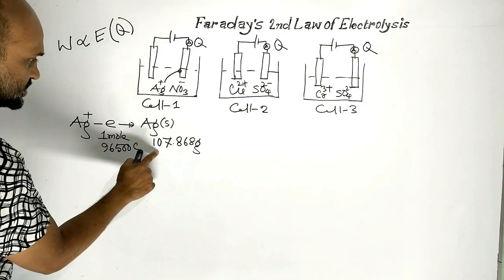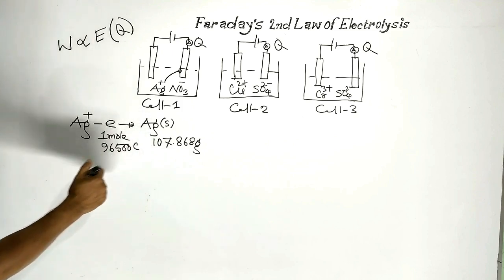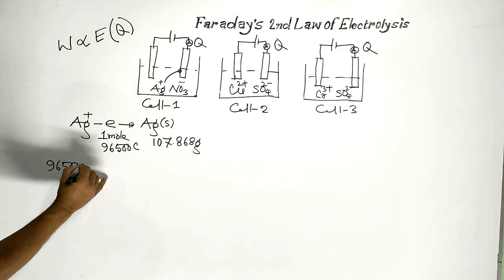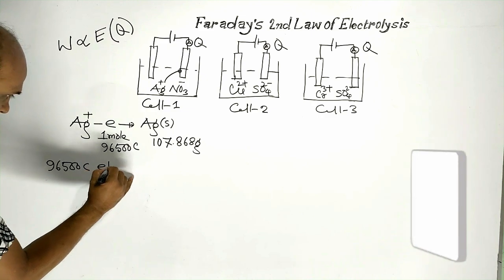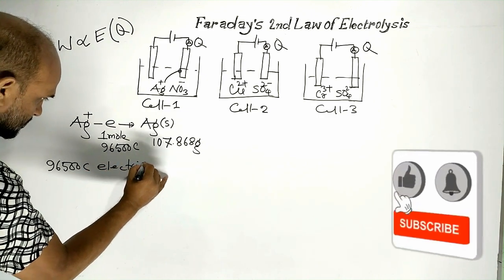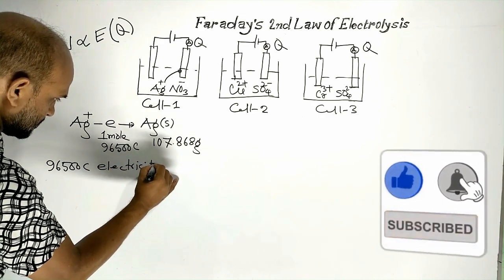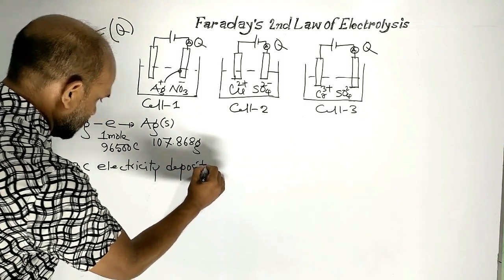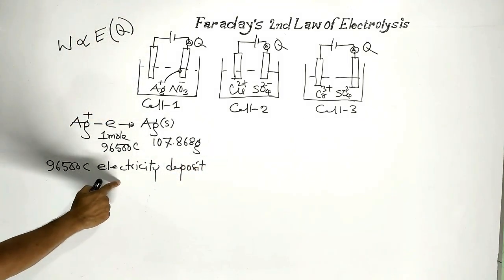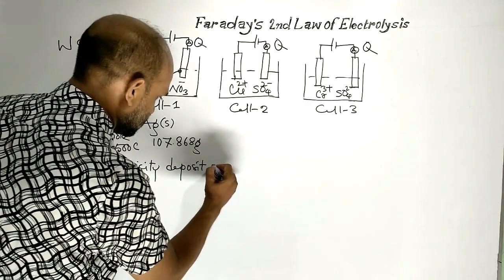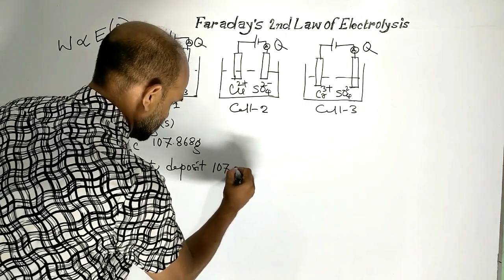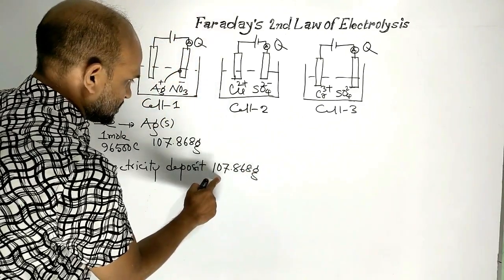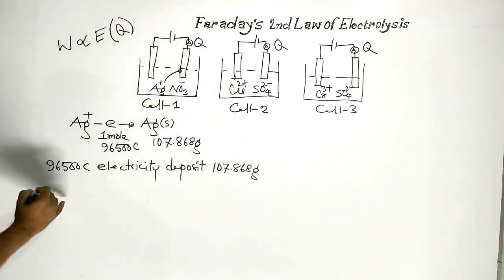It means 96,500 coulomb of electricity deposits this gram of silver.